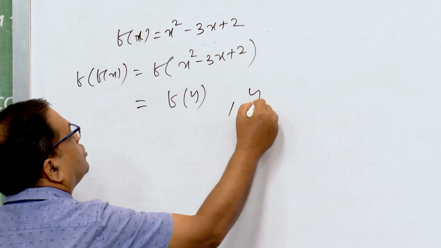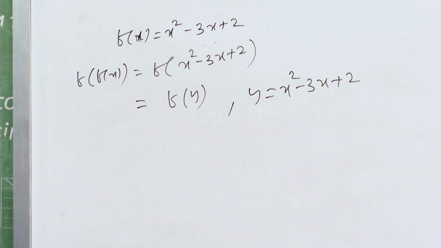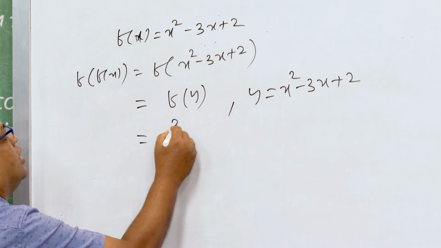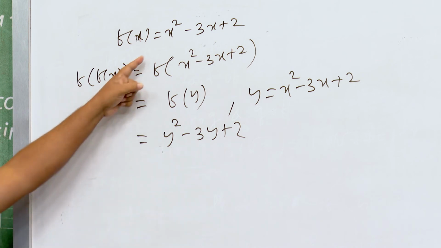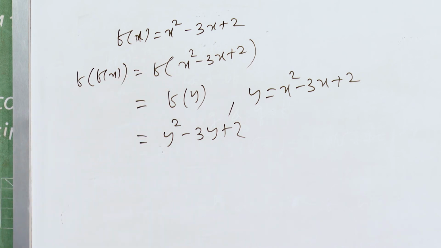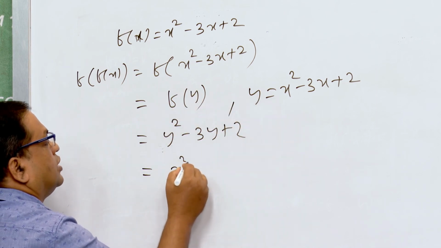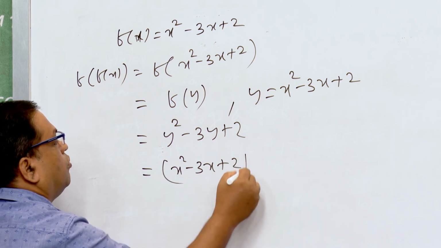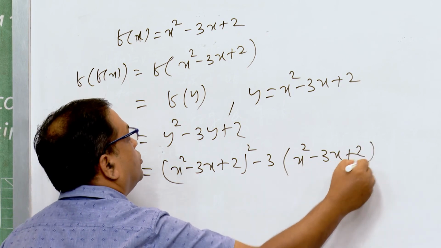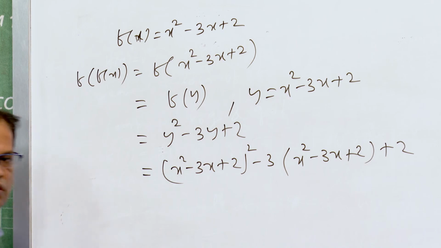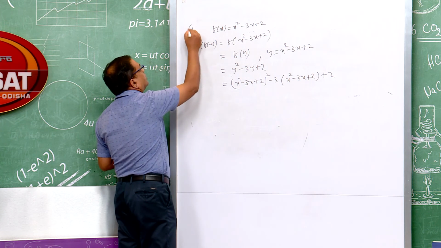So, you take y equals x square minus 3x plus 2. Then it will be y square minus 3y plus 2, because your f(x) is equal to x square minus 3x plus 2, so f of y will be y square minus 3y plus 2. So, what is next? Put the value of y: (x square minus 3x plus 2) whole square minus 3 times (x square minus 3x plus 2), and you can calculate. So, this is question number 1.